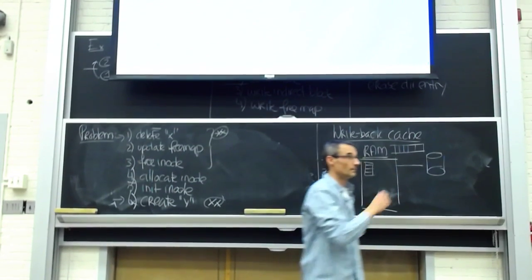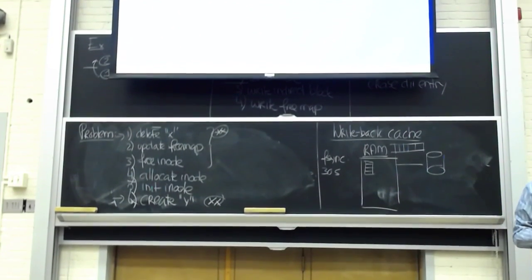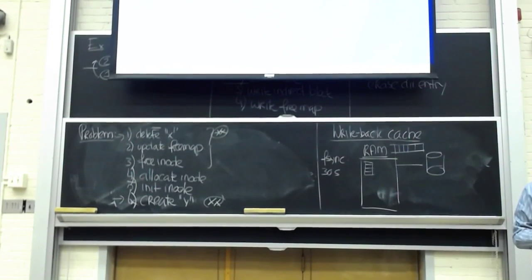And is that problematic? Could FSCK repair this for us? Yeah, this is problematic because Y now exists, but the inode that it supposedly points to has not been allocated. So there's no repairing this. There's no way that FSCK could repair it. The synchronous writes, combined with FSCK, were crucial to get correctness.